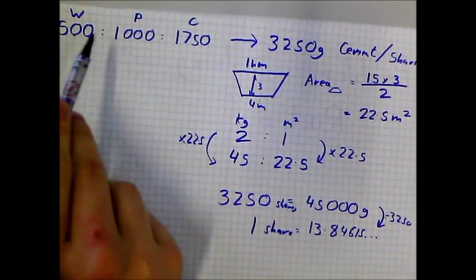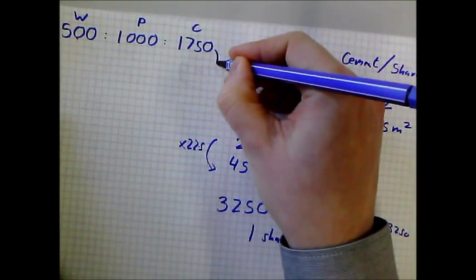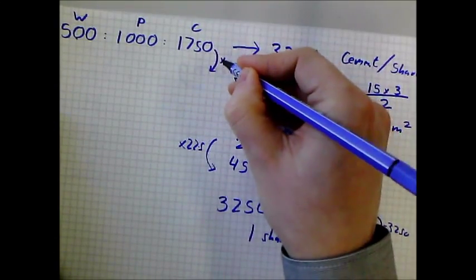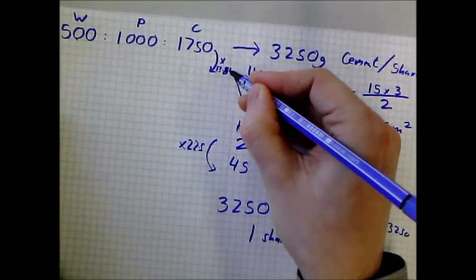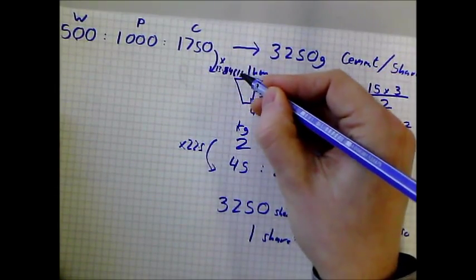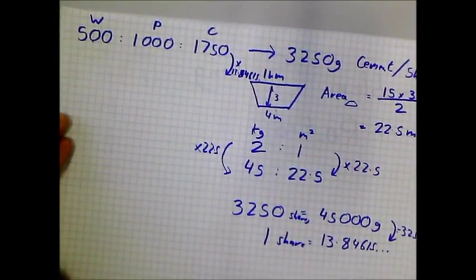To work out how much of each one we need, our final part is just to multiply everything by 13.84615 and so on.